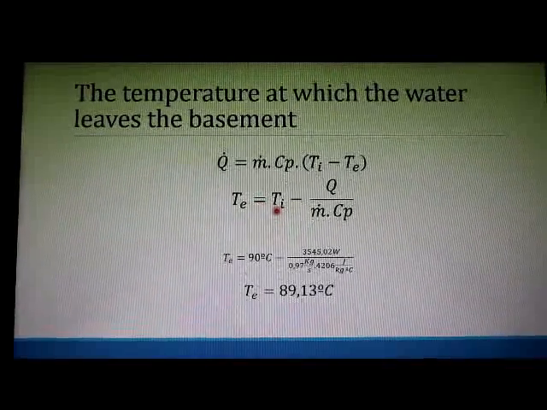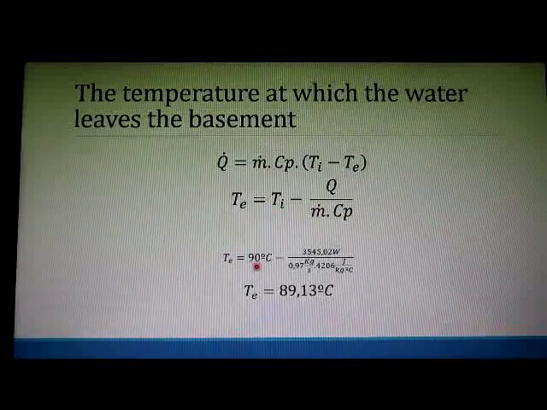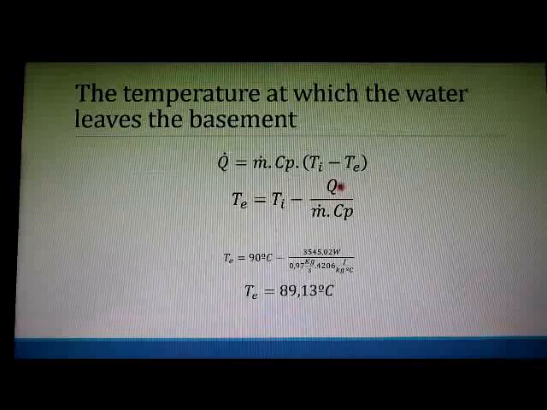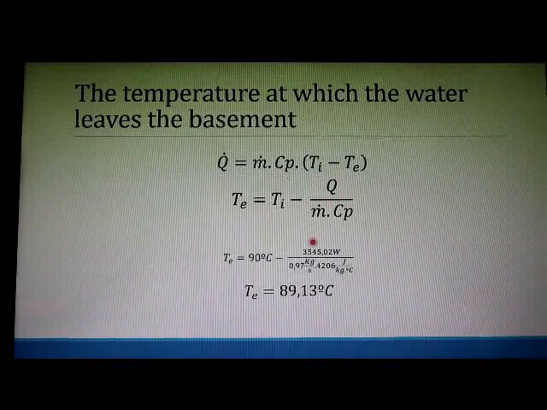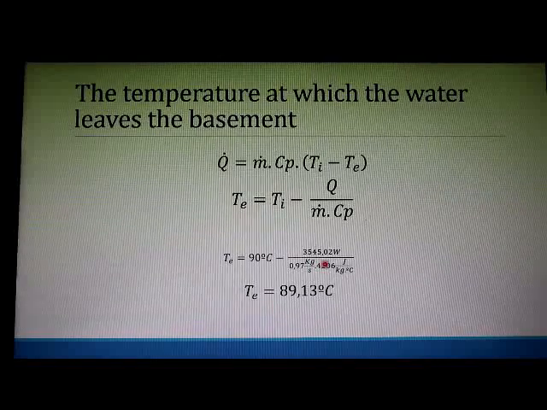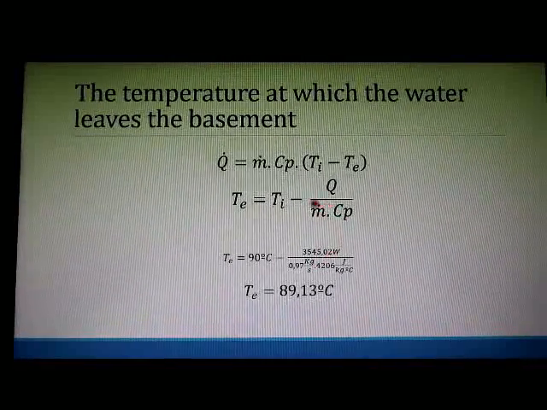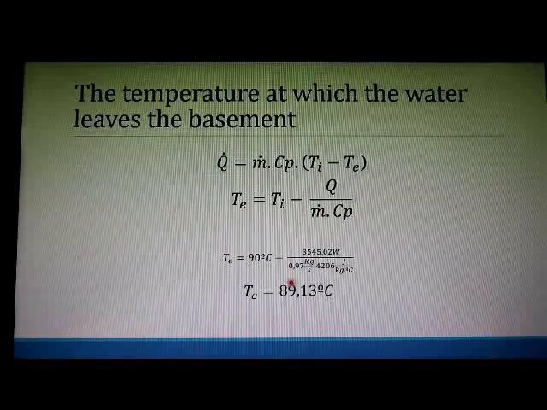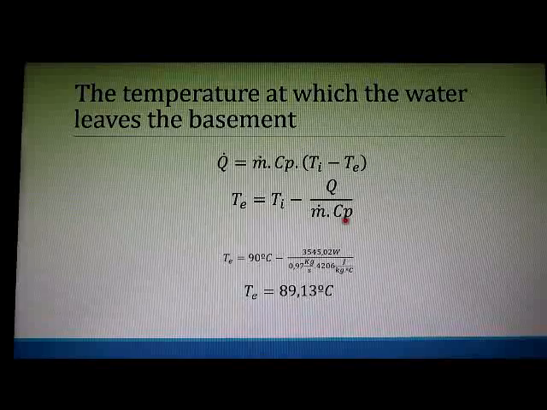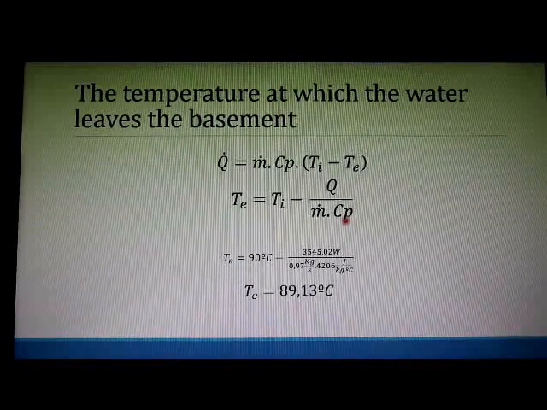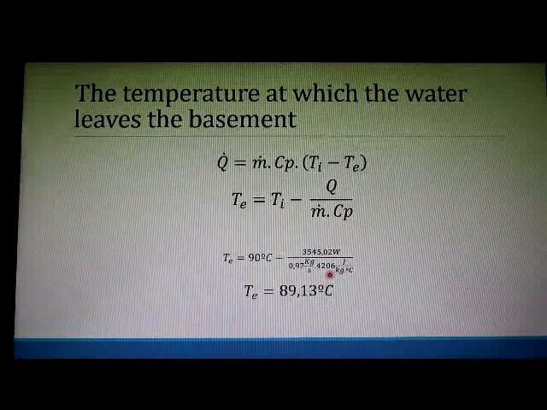Okay, initial temperature was 90. The heat transfer was 3545.02. The mass flow was 0.95, and specific heat was 4206.